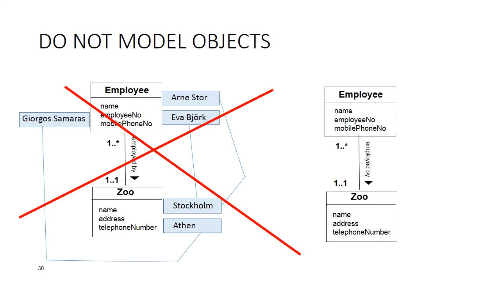You should not model these blue things when you do your conceptual model. You could do it in your head or on the side or on a sketch, but the thing that you hand in should not include objects. You should only model classes and associations. You should not model objects and links. But you have to think about it when you carry out modeling.